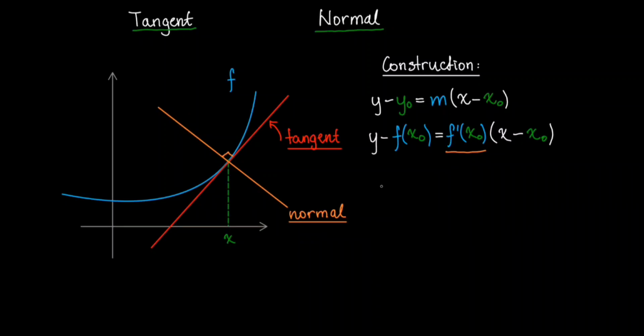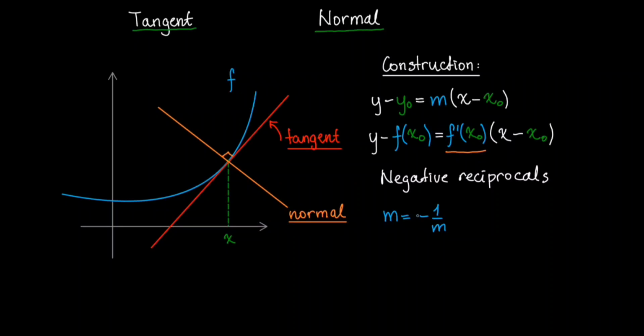If you know a lot about linear functions, you could probably know that if two lines are perpendicular, their slopes are negative reciprocals of each other. This means if our tangent line possesses the gradient m, then the normal of a curve would have the slope negative 1 over m.